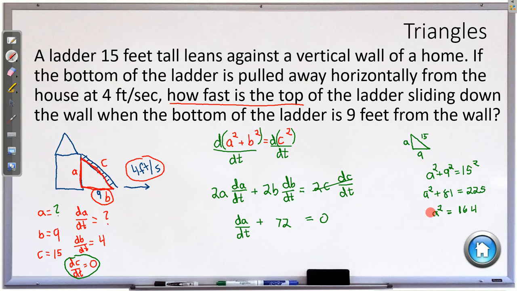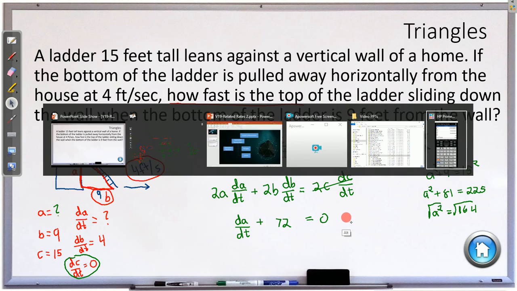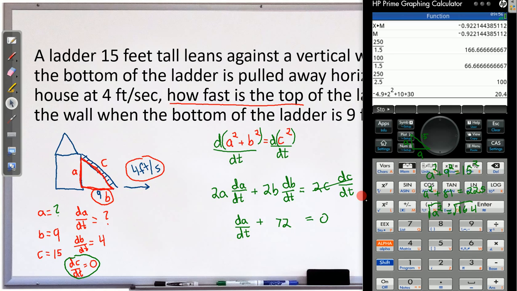Square root both sides. And let's see, the square root of 164 is 12.8. So not a nice number.